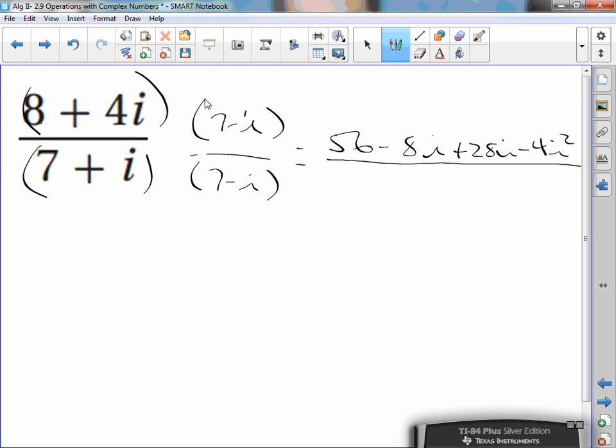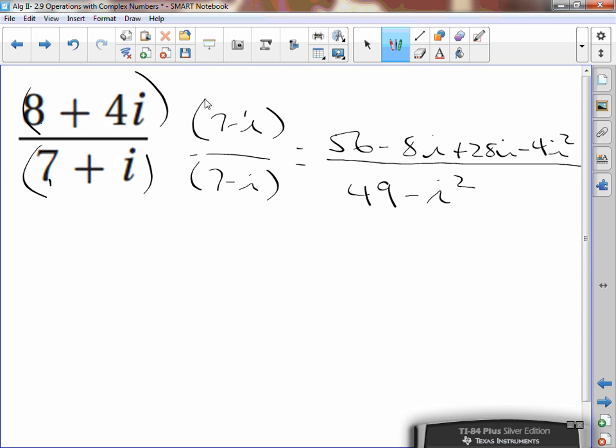Knowing that this is special, what's 7 squared? 49 minus, what's i squared? Well, it just means i squared. If you would have did the whole foiling, you would have had 7i minus 7i, which they will cancel out. All right, now we go to simplify.